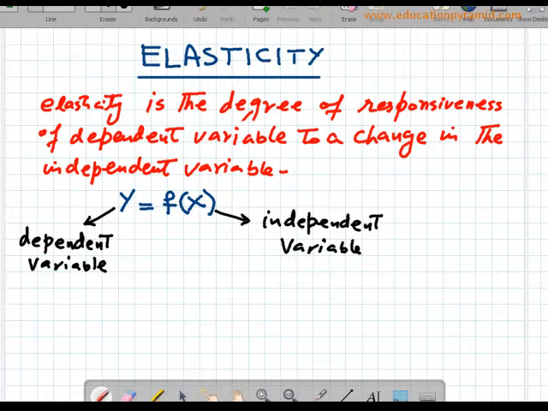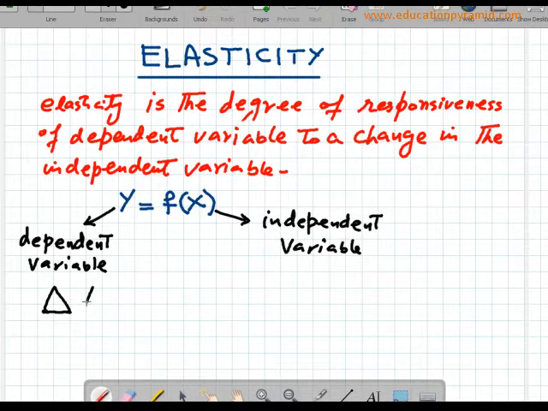So the value of dependent variable depends on the value of independent variable, or change in independent variable will bring the change in dependent variable. For change, normally we use the symbol delta.